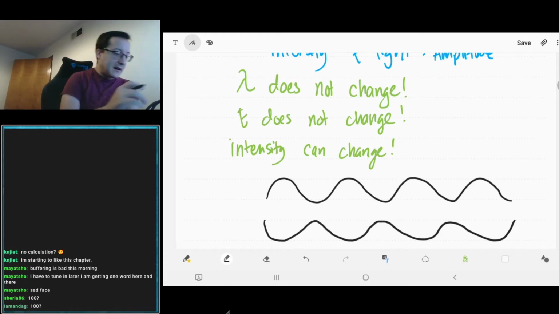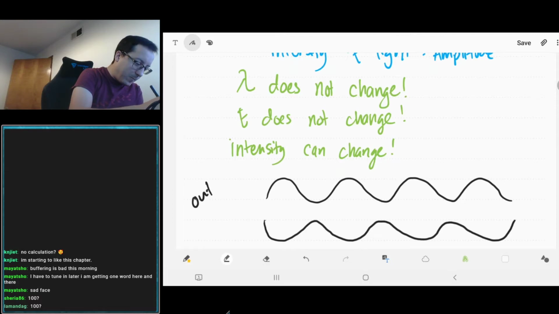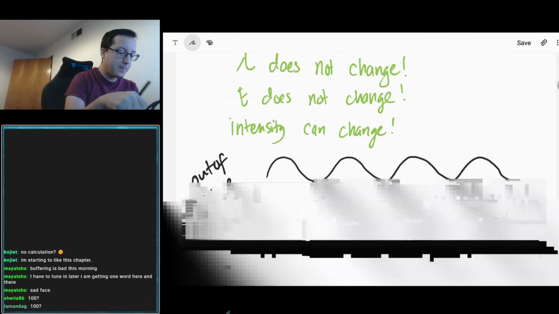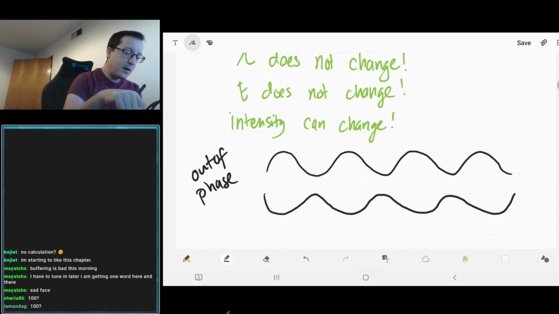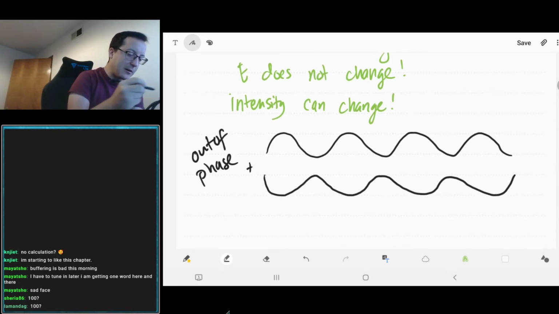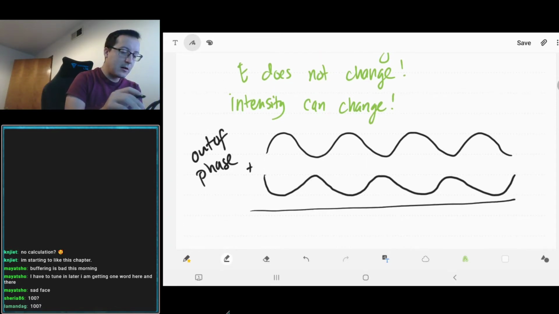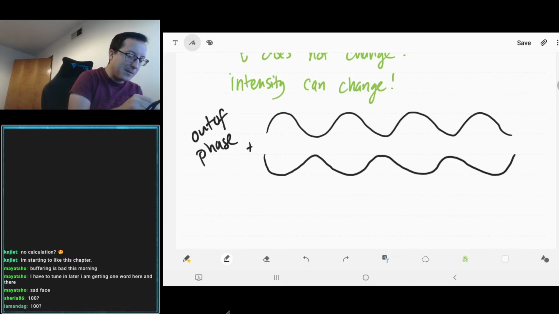Drawing stuff is tough, guys. If these guys are out of phase, and that's really ugly, if we add those together, we're going to end up with a wave that looks like this.